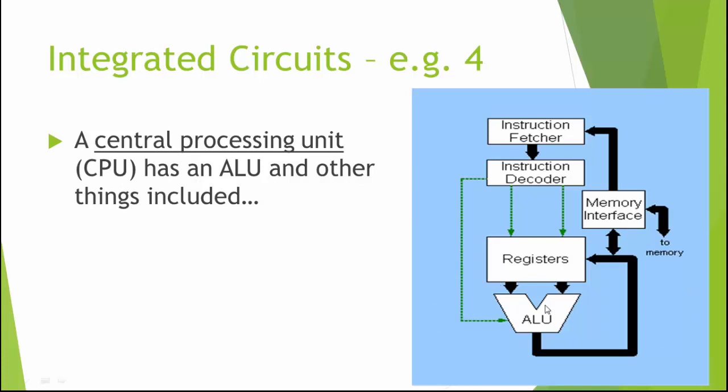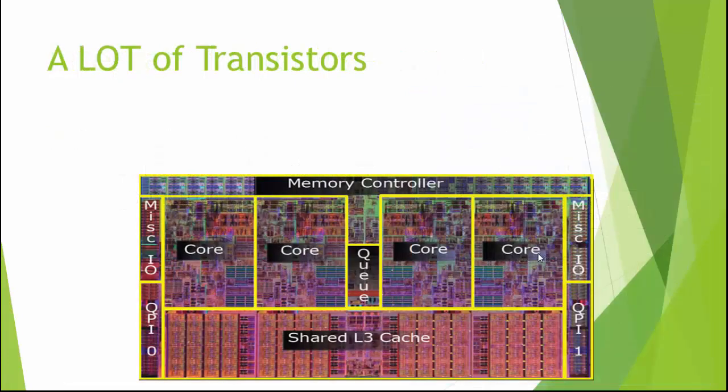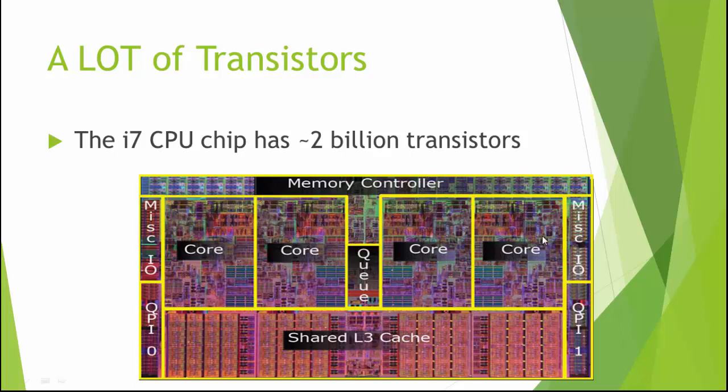It has our arithmetic logic unit integrated in it, as well as an interface to memory, etc. And unpacking that further, we can talk about why we could never look at the individual numbers of gates. The i7 chip, Intel doesn't publish anymore how many transistors are on it, but we can project that it has right around 2 billion transistors in it. A very, very complicated integrated circuit.